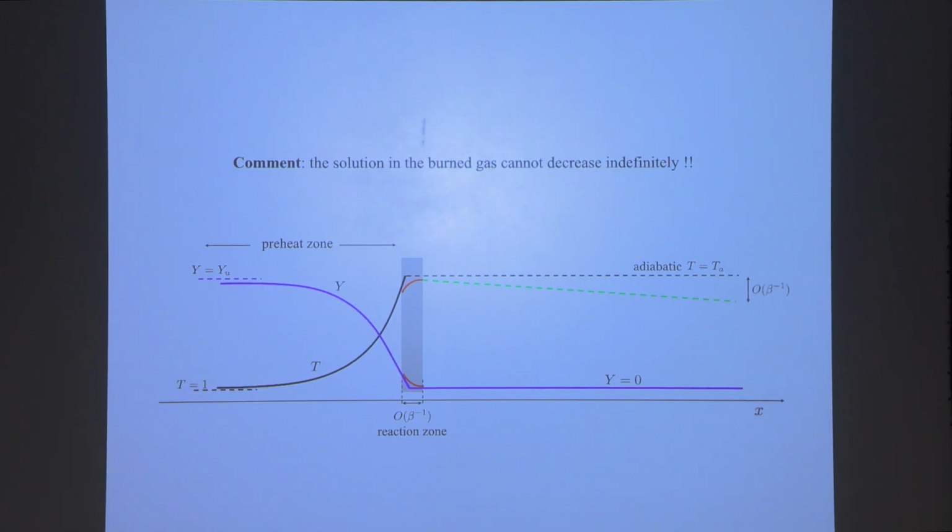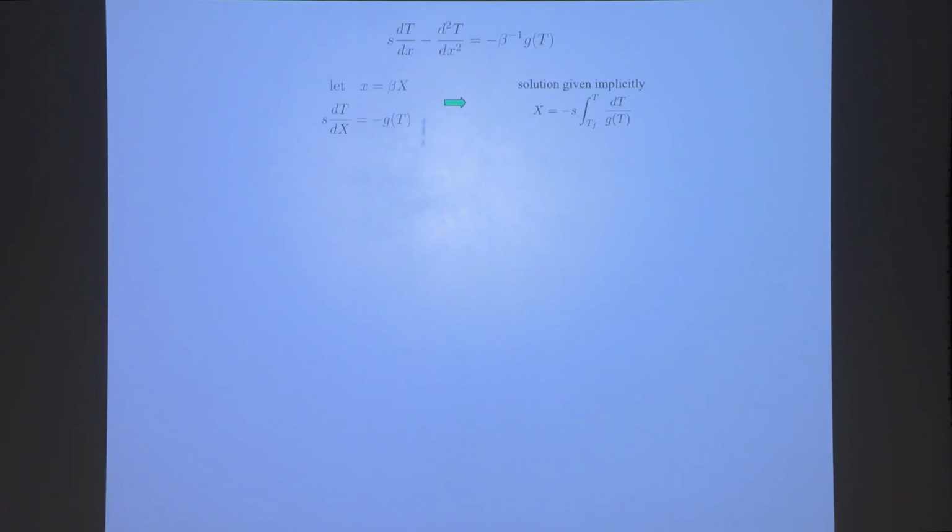The idea is that on the burned side, the heat loss causes the temperature to decrease, but on a much, much larger scale than the scale of the flame thickness, and the appropriate scale turned out to be beta times capital X. And so when you rescale in terms of capital X, you get that capital X is given by this.